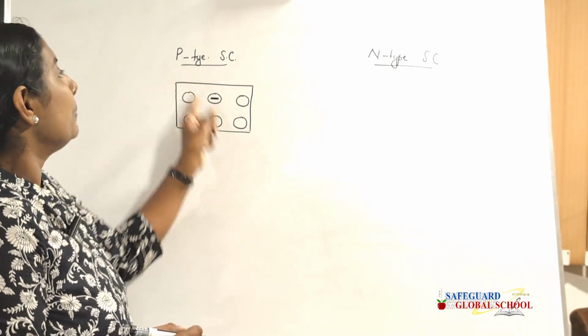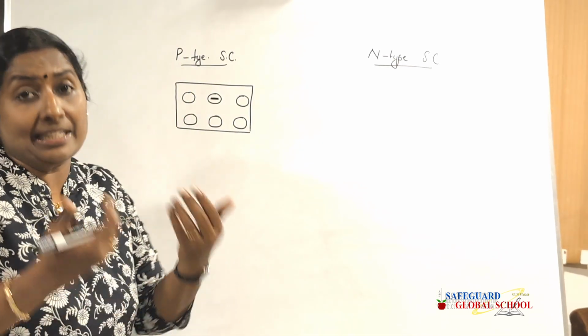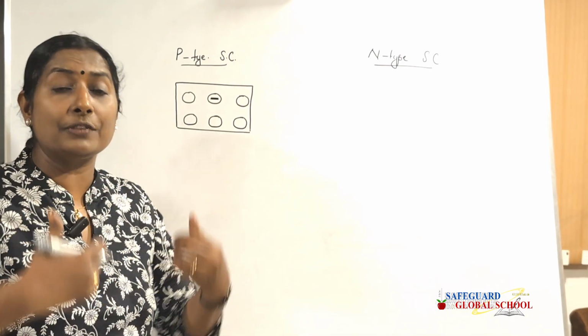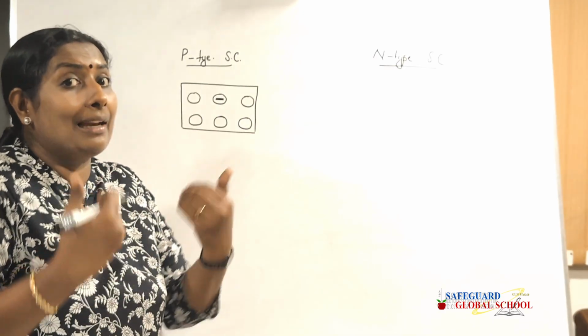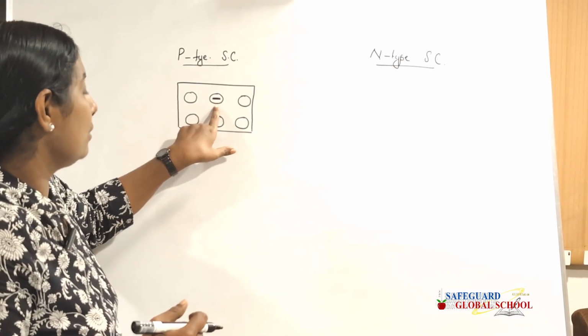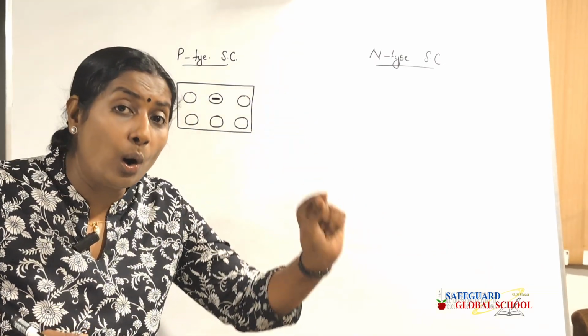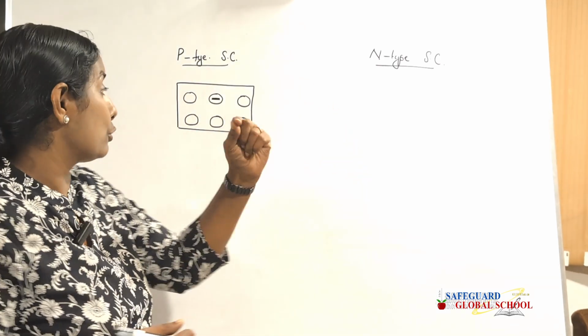In a P-type semiconductor, the dopant becomes an acceptor and the neutral atom receives an electron from the lattice of silicon. So neutral plus an electron becomes a negative charge, and they will produce a hole somewhere in the crystal when they accept an electron.